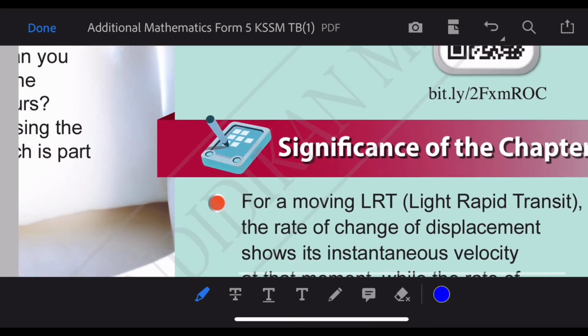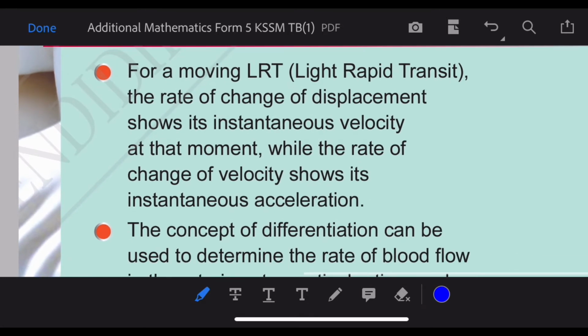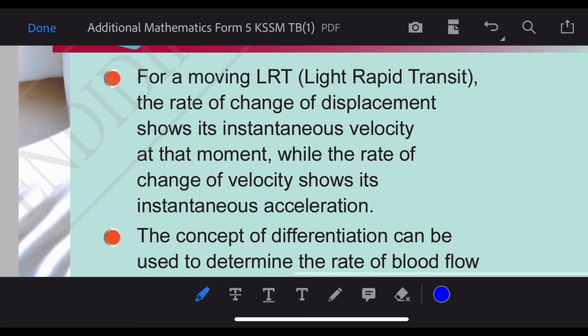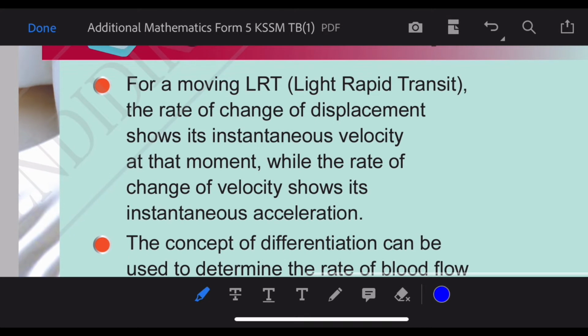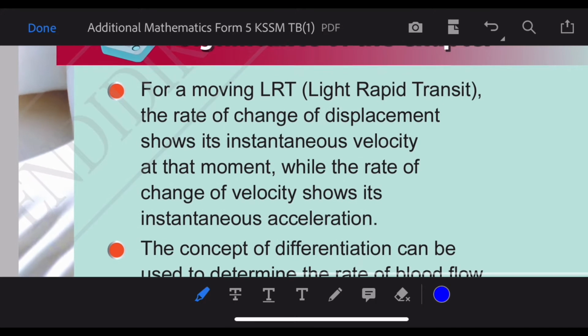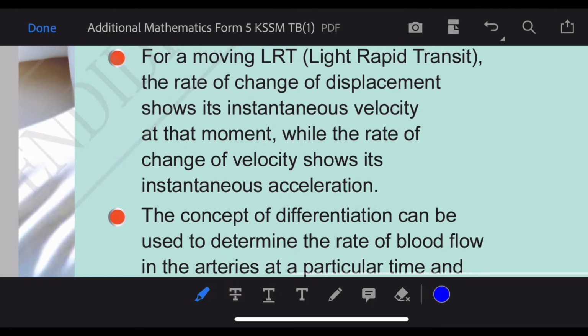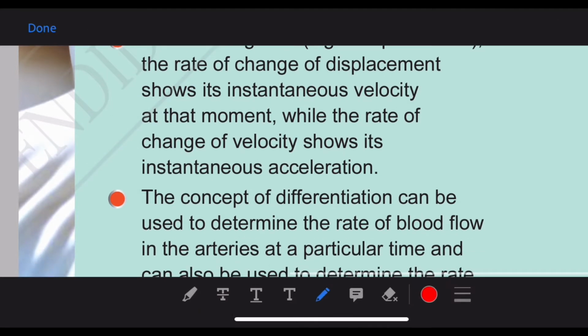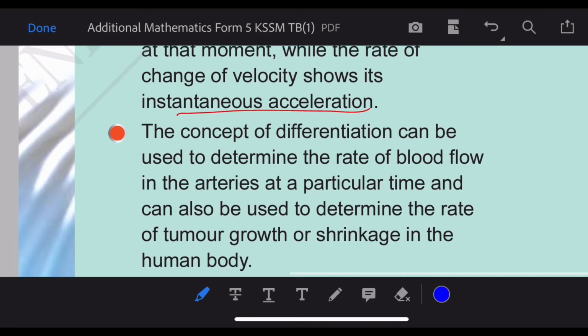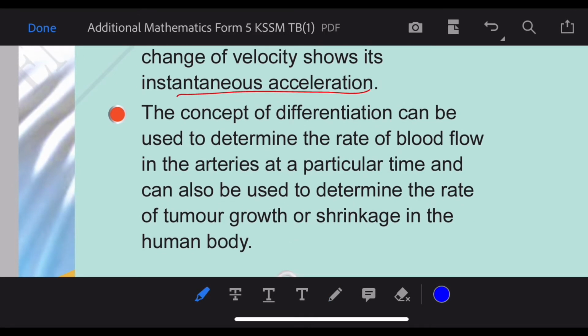The significance of this chapter: for a moving LRT, the rate of change of displacement shows the instantaneous velocity at that moment, while the rate of change of velocity shows the instantaneous acceleration. So for acceleration and velocity, we use differentiation.